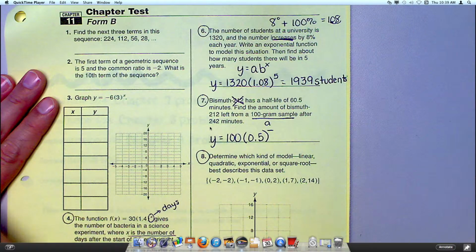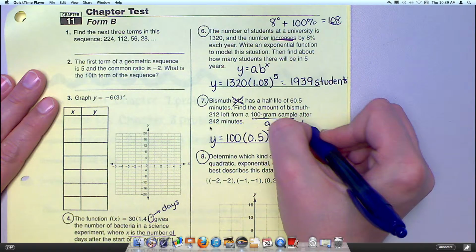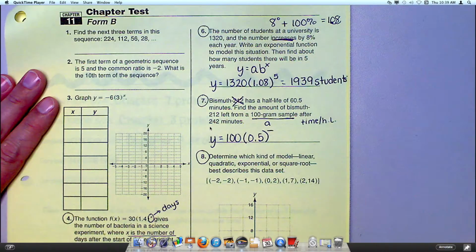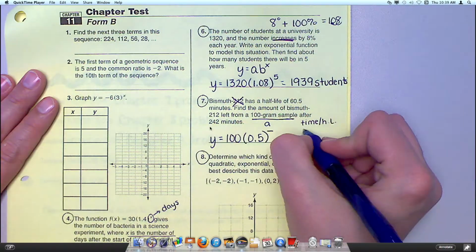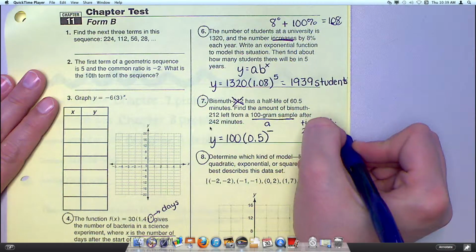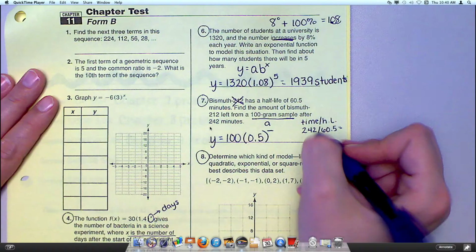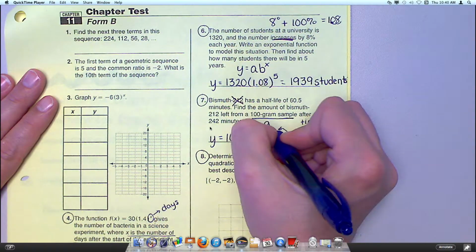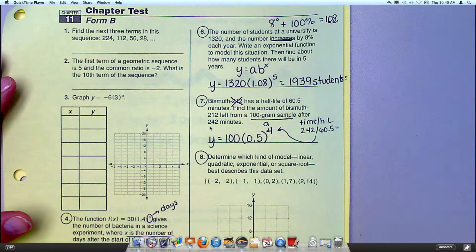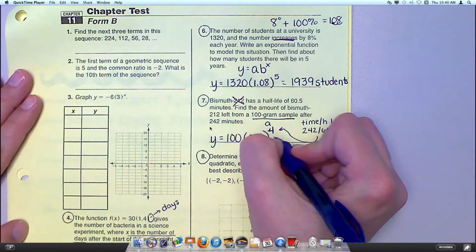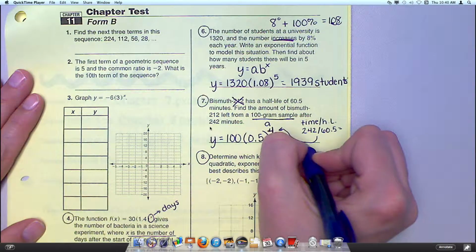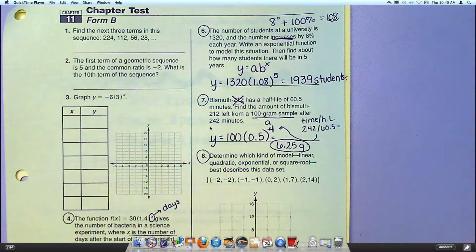We have to divide the total time by what the half-life is. So the total time is 242, and I want to divide by 60.5. 4. So that means 4 is going right here. 6.25 grams. Okay.